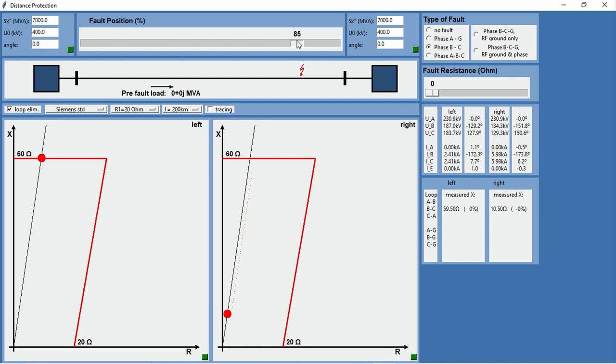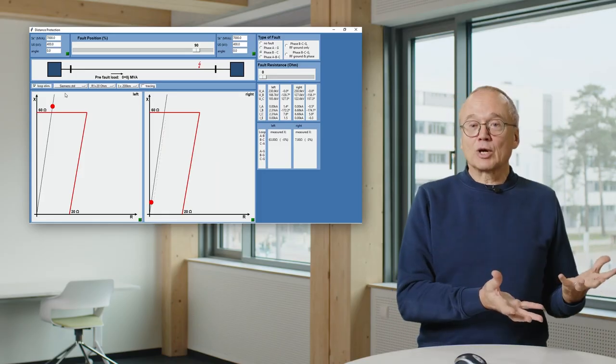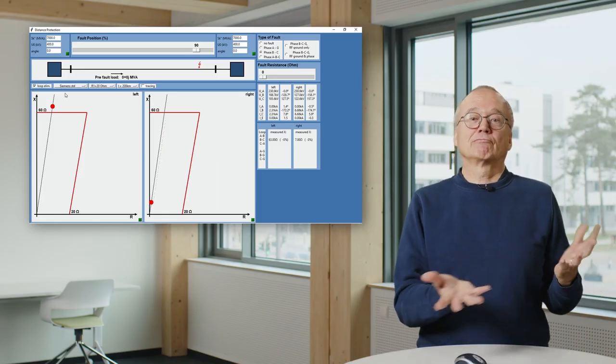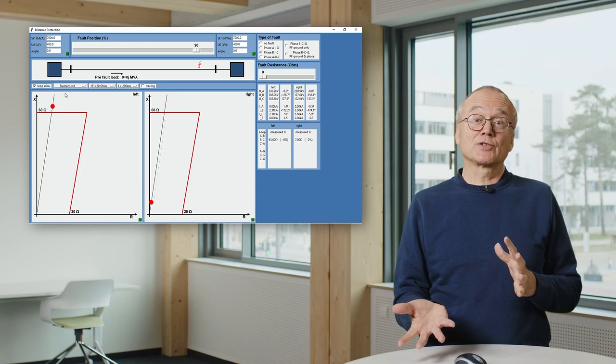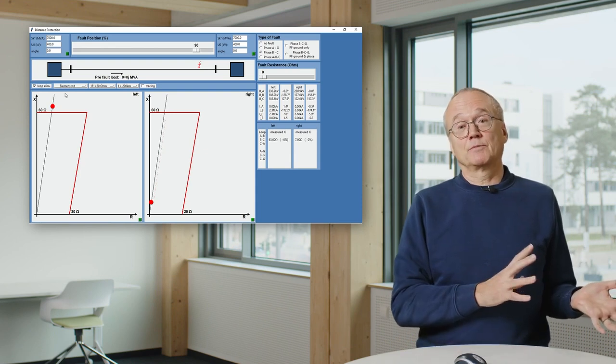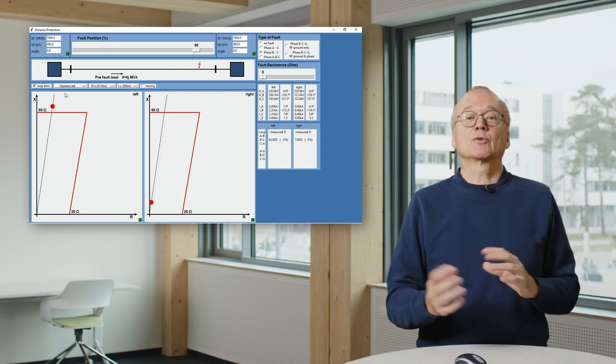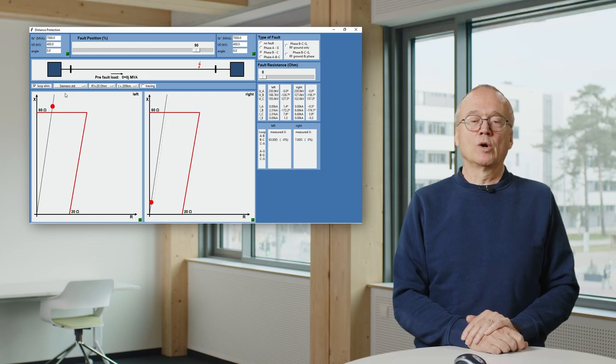That means if we have a fault at maybe 90% of the line, then the left relay will see the fault outside the first zone if we have no measurement errors. If we take into account the measurement errors, it may see it inside or it may see it outside, depending on in which direction the measurement errors go.